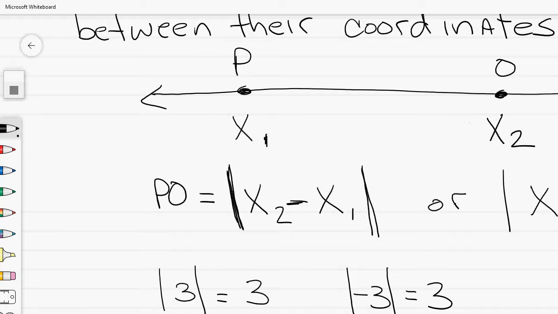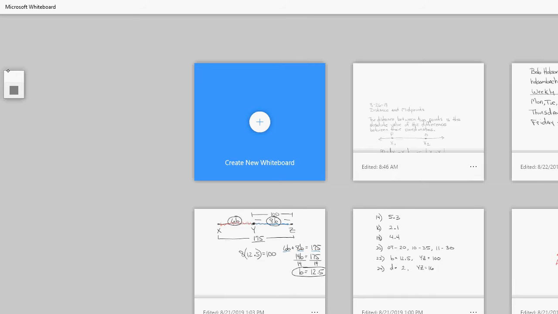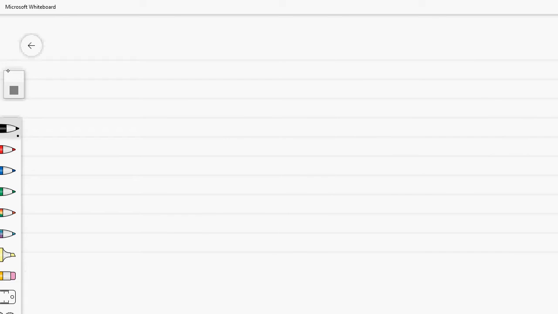Okay? So let's look at example 1 there on page 25. And you've got a number line with quite a few points on it now.